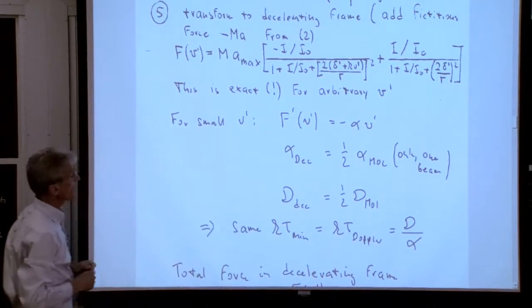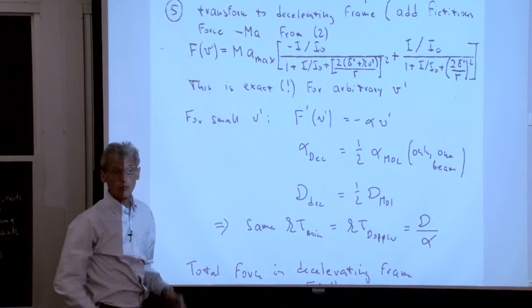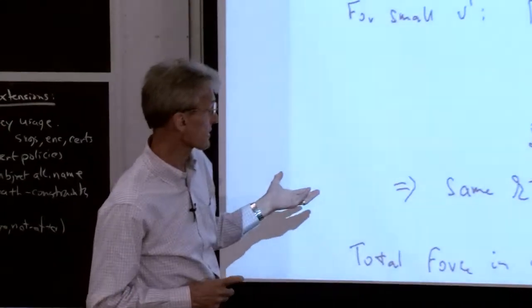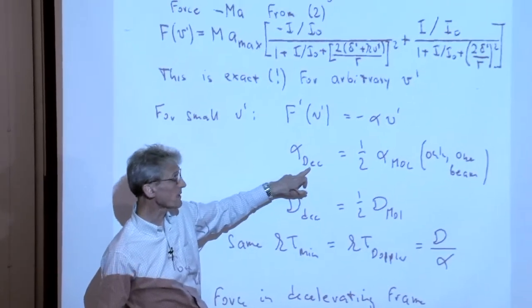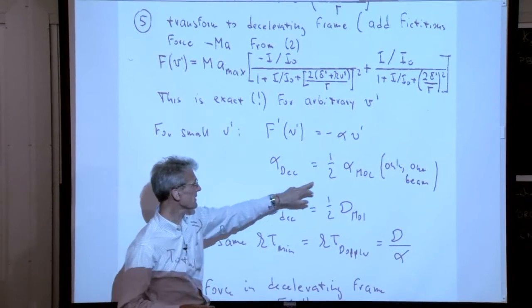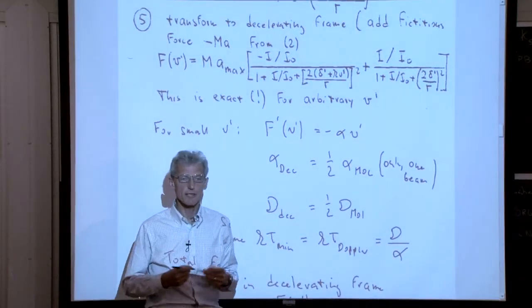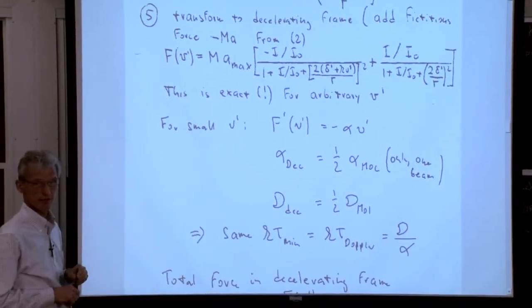So we can now make a Taylor expansion for small v prime. So we have again a viscous force, a friction force, and it turns out that this friction coefficient for beam deceleration is exactly 1/2 what we got before from molasses, but that's clear, we have one laser beam, whereas in molasses we had 2 laser beams.